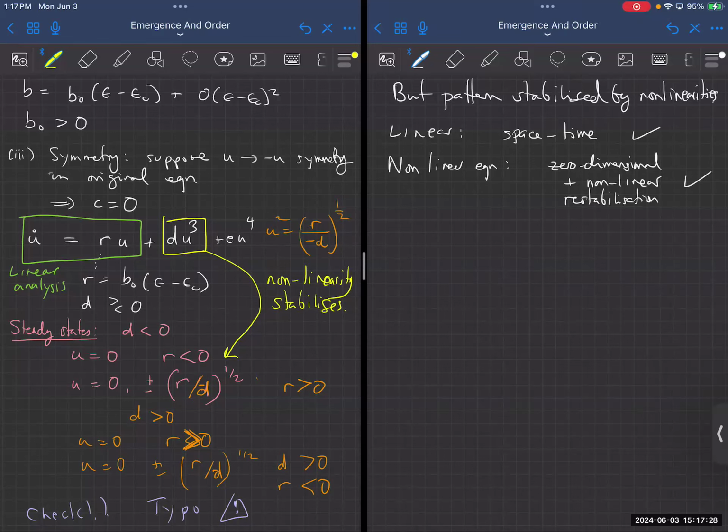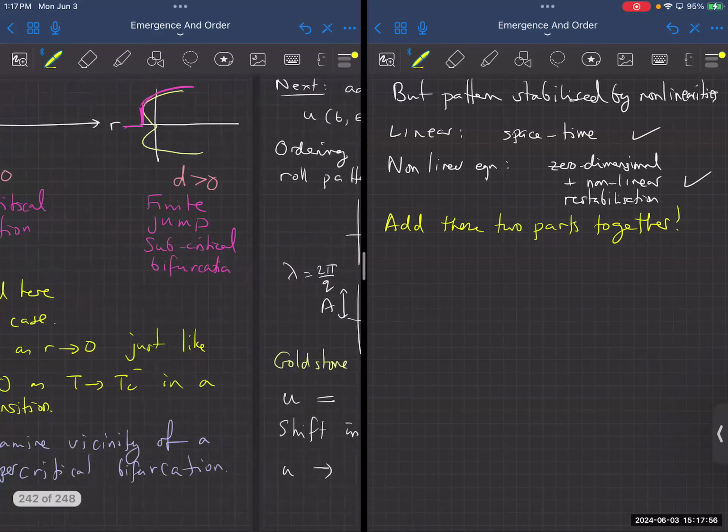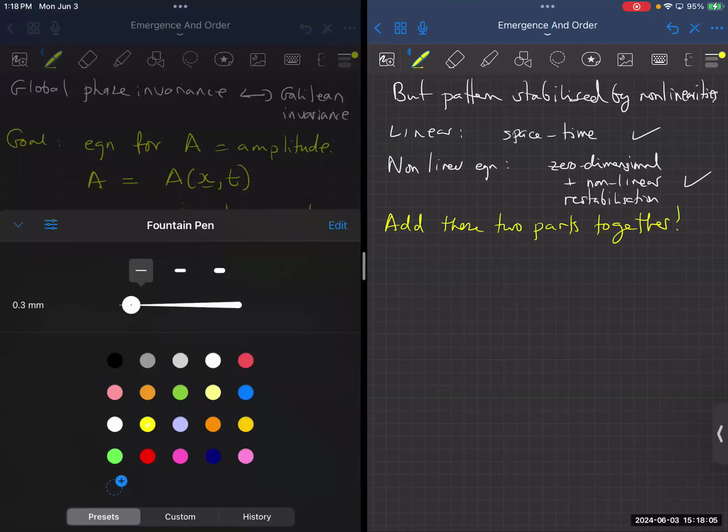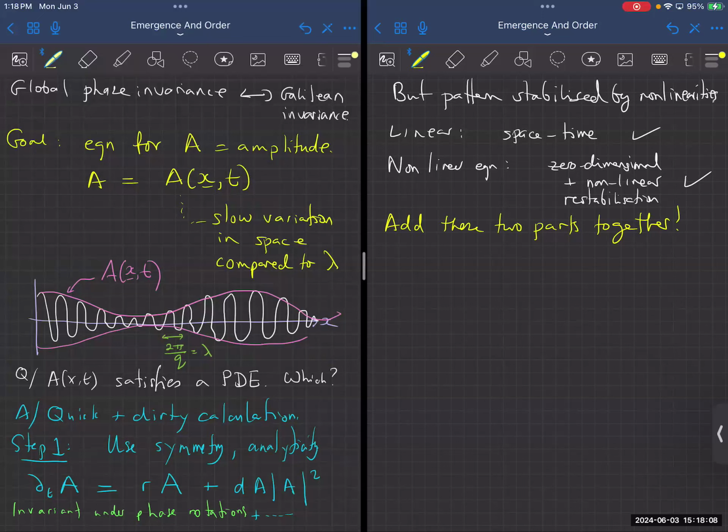And the thing we want is a nonlinear equation which has space-time structure. And so what we're going to do is add these two parts together. When we add those two parts together, we're going to see straight away that there's something in common to both these parts. This is the equation over here, which has no space.